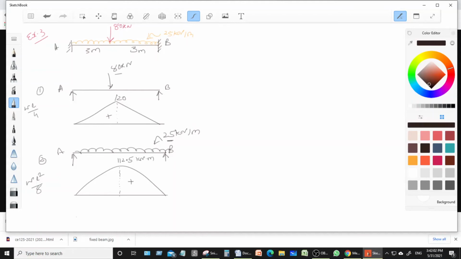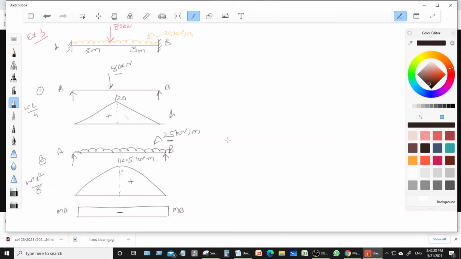Then we prepare the support moment diagram, which is again a rectangle because the loading is symmetrical. Here it is -1, this is your MA and this is your MB, both are the same because the loading is symmetrical. Now we will merge these two moment diagrams and prepare a combined mu diagram.